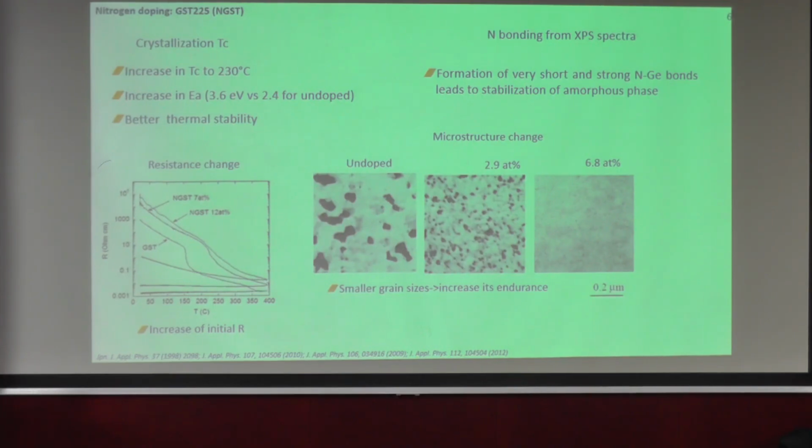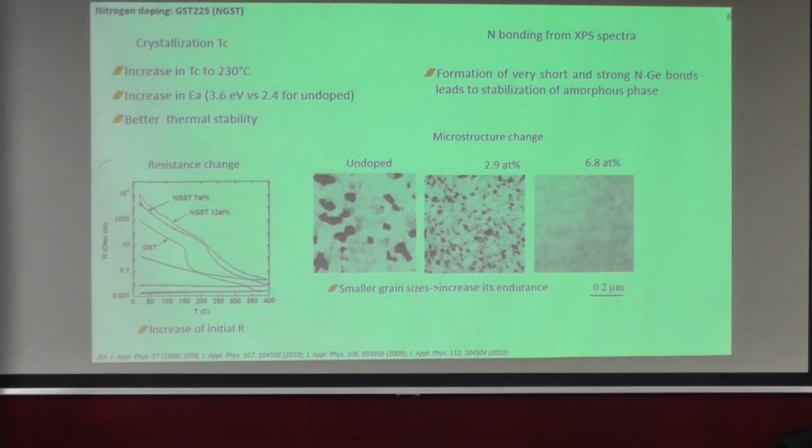Just think about the Tc of GST 225, it's around 160 degrees C. It also increases the energy for crystallization. This is like 3.6 against 2.4 for undoped. So overall, this nitrogen doping increases the thermal stability of the amorphous phase.